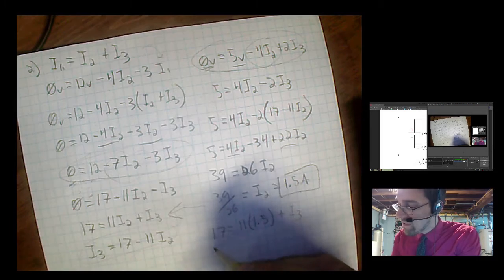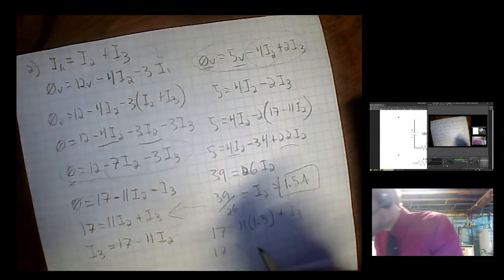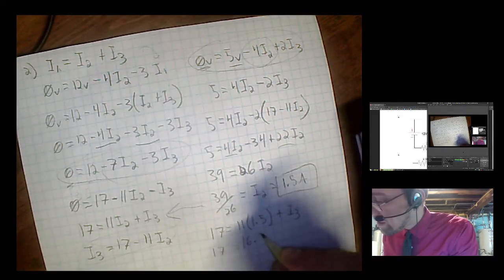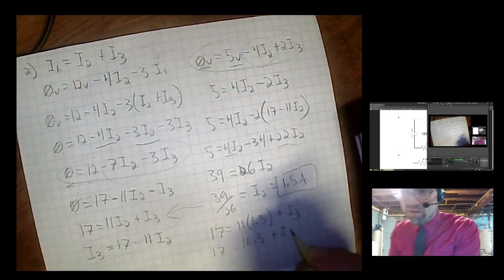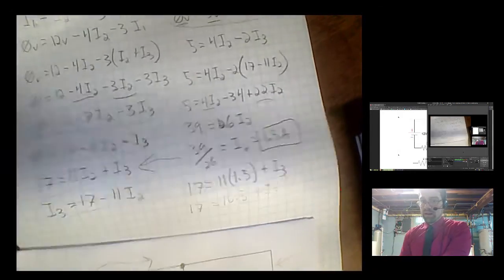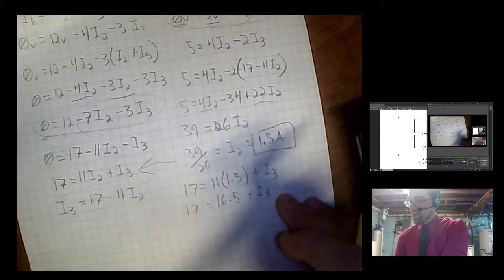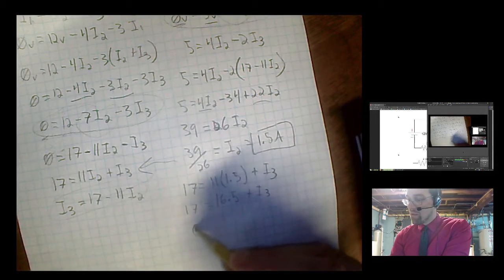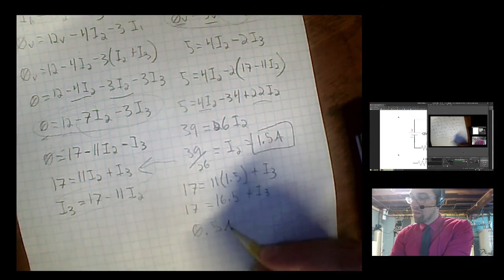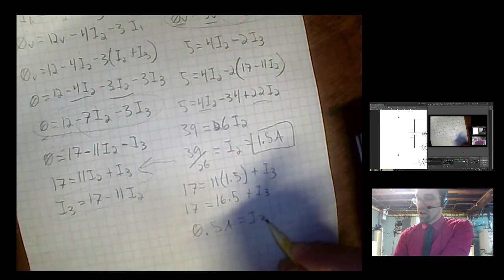So I got 17 equals, this turns out to be 16.5 plus I3. Subtract over, I get 0.5 amps equals I3.